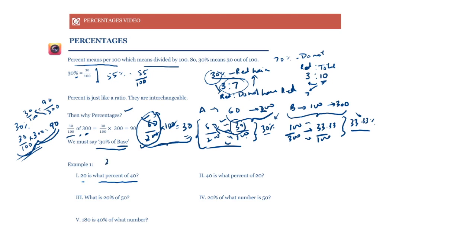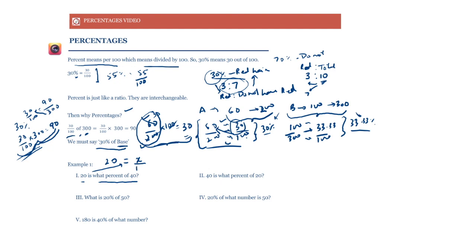We say 20 is, for "is" we use equal to, because we are saying 20 is equal to, right? "Is" is only a short form for "is equal to." So 20 is equal to what percent? Now, we don't know what. This is what we have to find out. So we'll say X. What percent? Percent is 100.